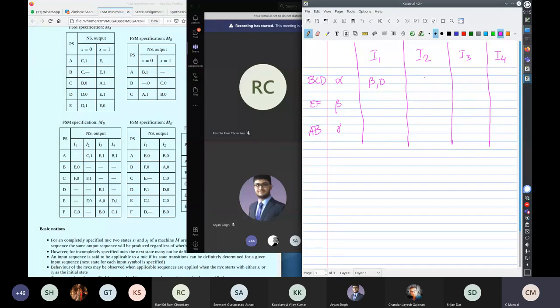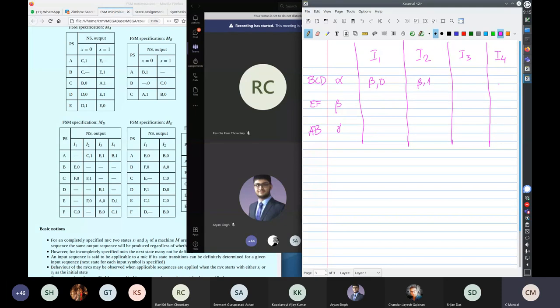C is going to F, which is covered only by beta, and the output is 1. And this one is covered by B. All right, BCD.